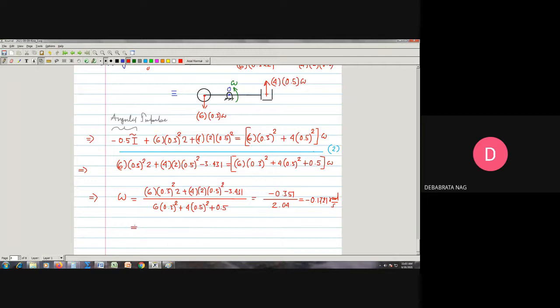So once again we establish that omega becomes equal to 0.1721 radian per second and the rotation is in the clockwise direction. So you see, therefore, the same problem I solved by two methods: one what is called the system approach, and the other we call the particle approach.